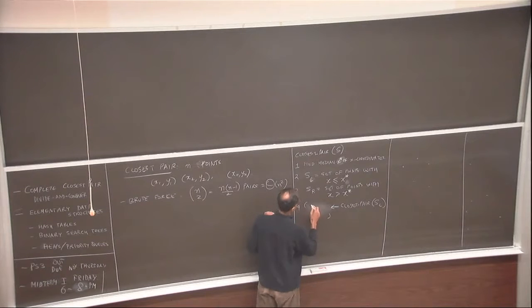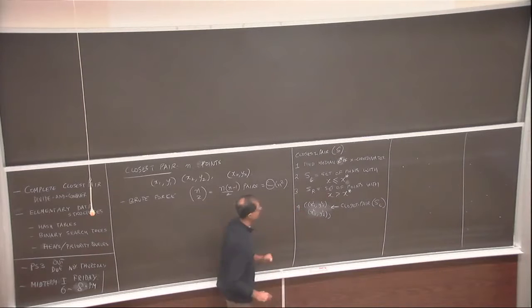One pair is xl1, yl1, and the other pair is xl2, yl2. So on the left-hand side, these 2 points are the closest pair.